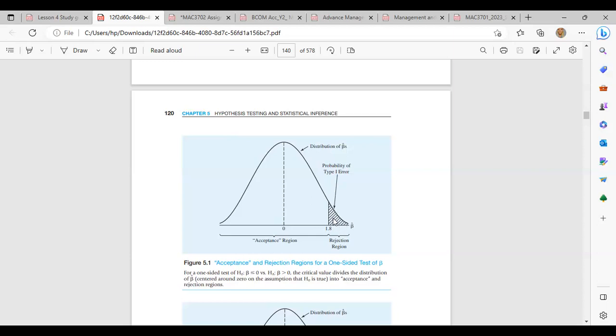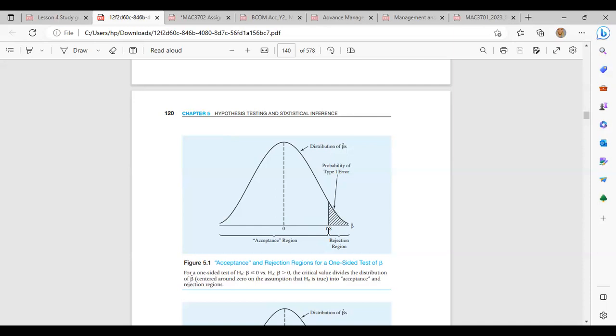We want to keep that small, and you can see it's kept small, which means type 2 error is the big one. So this is our critical value, 1.8.